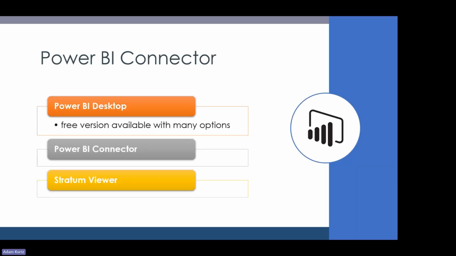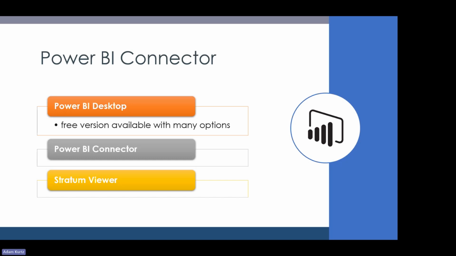So Power BI would obviously need a connector piece of software, and that's something that you can actually download and install. Have your administrator install it on your desktop, and obviously it taps into the different views that you have available within Viewer within the Stratum interface.